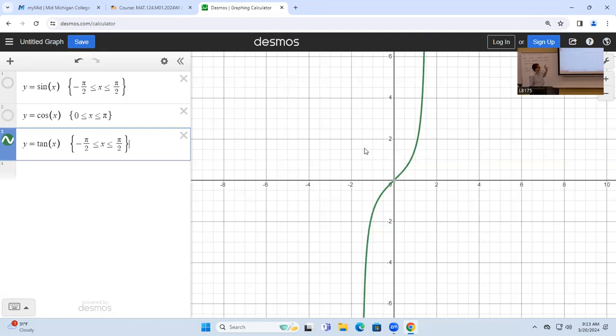If my trig function is defined on a specific domain, then the inverse tangent is going to have range between negative pi over 2 and positive pi over 2. The inverse cosine is going to have range from 0 to pi. And the inverse sine is going to have range negative pi over 2 to positive pi over 2.